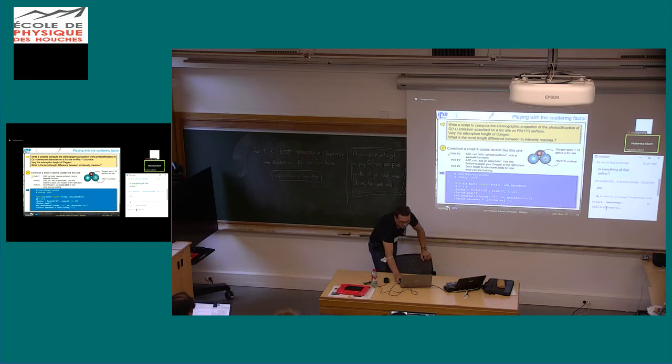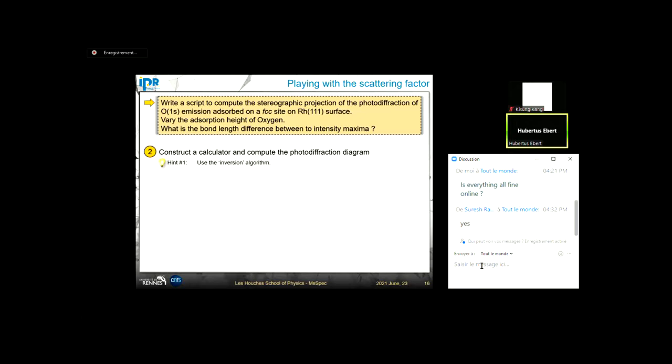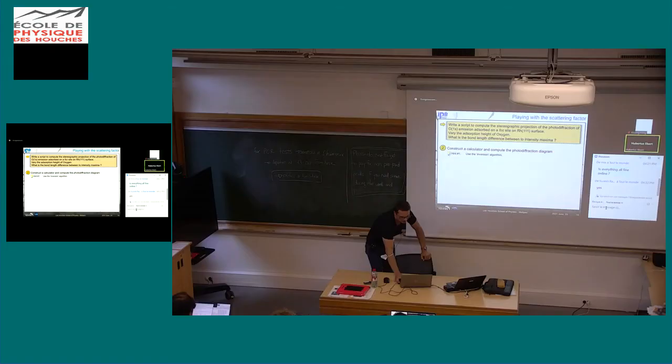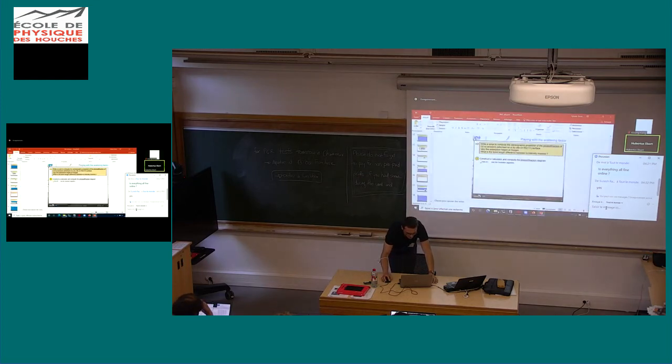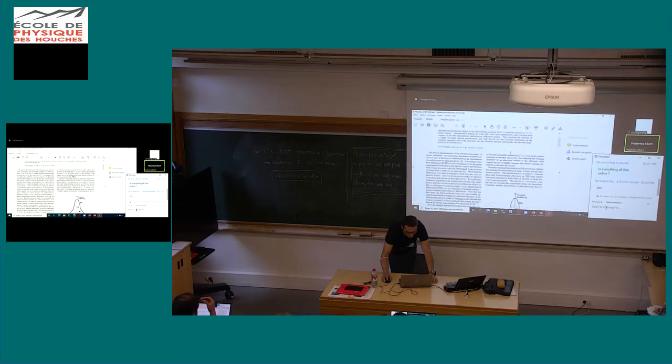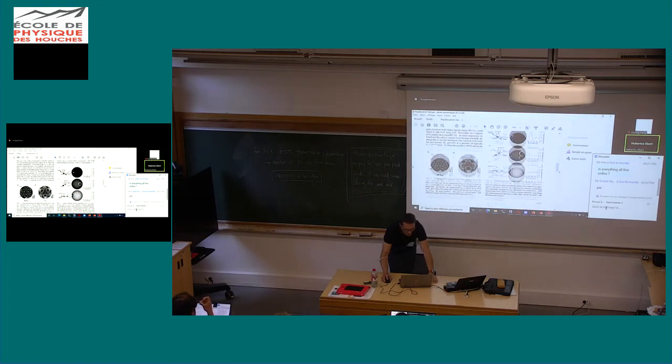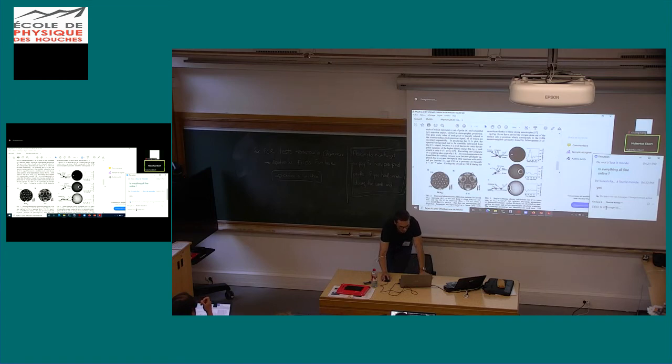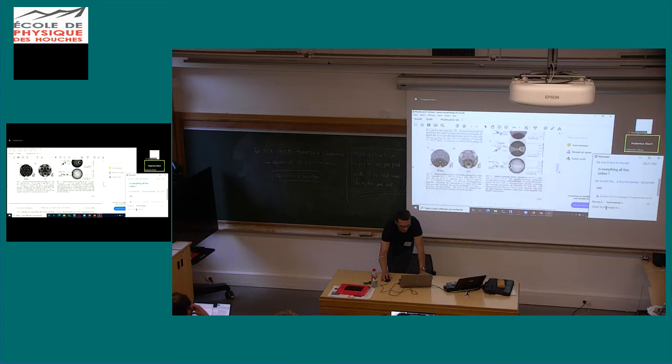And then we move to the calculation part. You have to construct a calculator that may calculate, this time, a theta phi scan, like in the paper. In the paper, they are studying the shape of the interference and what may be the origin of this.